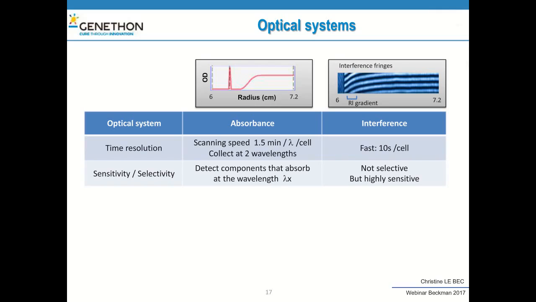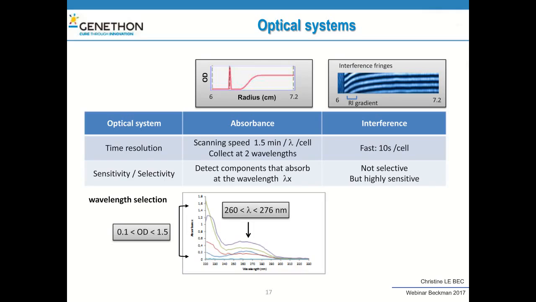The sensitivity depends, of course, on your product. You can choose a wavelength depending on your product's absorbance. Interference does not have any selectivity, but it has a high signal sensitivity. For AAV, you choose a wavelength where you have a flat signal, between 260 and 270 nanometers.